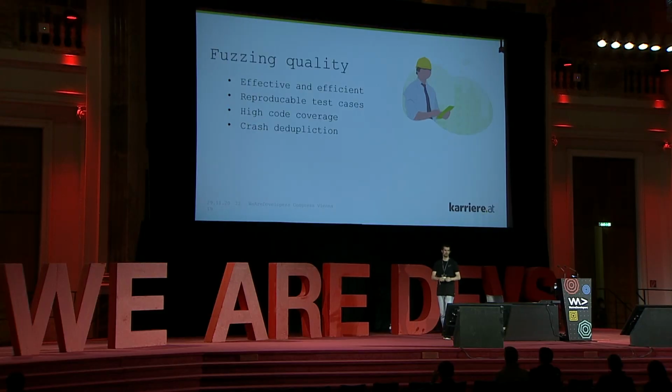If we have to search through the code base for hours and hours to find the bug, it would not be cool. And we want the fuzzer to have high code coverage, so we can test every bit of the software we are testing. We also don't want duplicate bugs because that's time consuming, so crashes should be deduplicated.